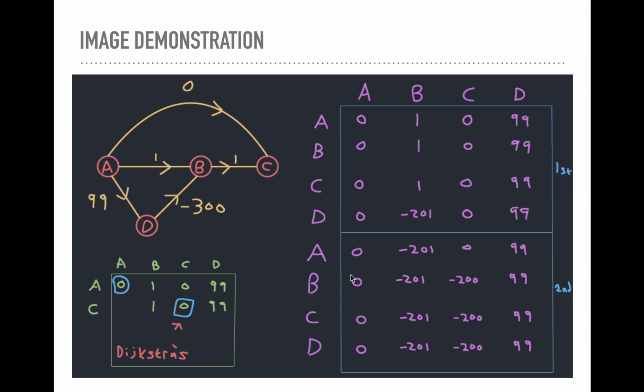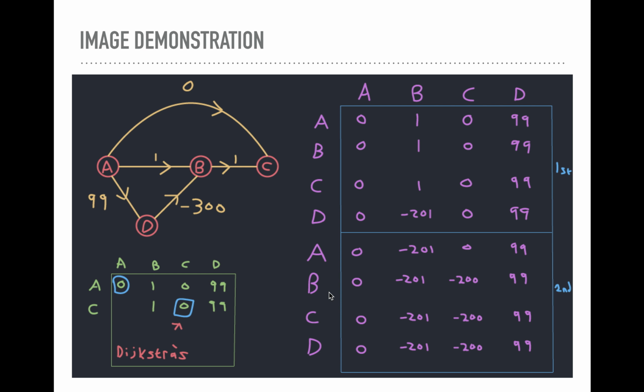We'll start back at A again, same thing, just alphabetical order. A to itself is still 0. A to B, A reaches B with 1. The shortest path though is still negative 201. A still reaches C, 0 is still the shortest path from A to C. A still reaches D, 99 is the shortest.